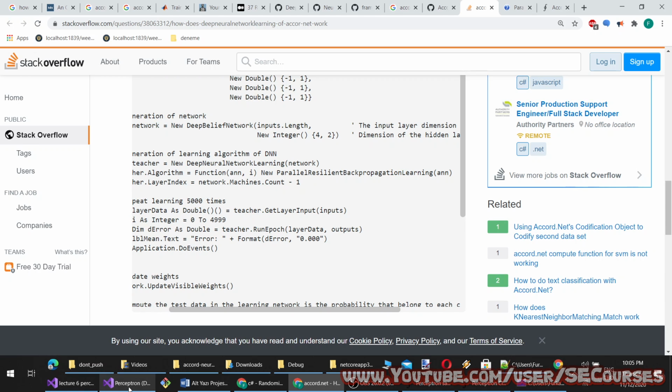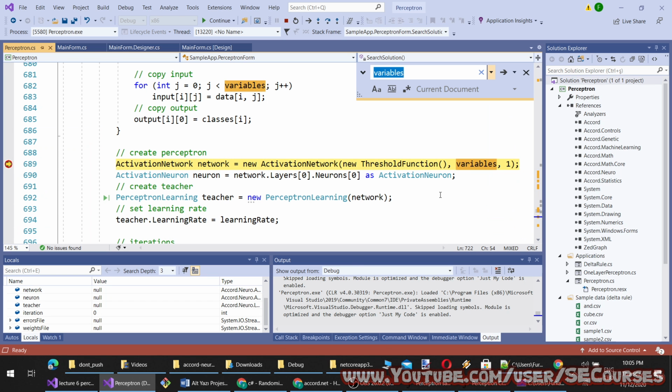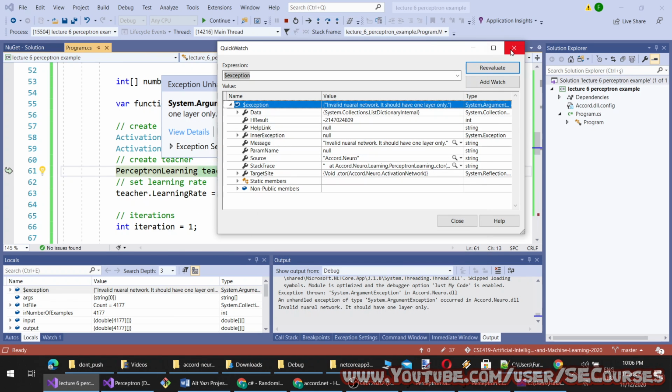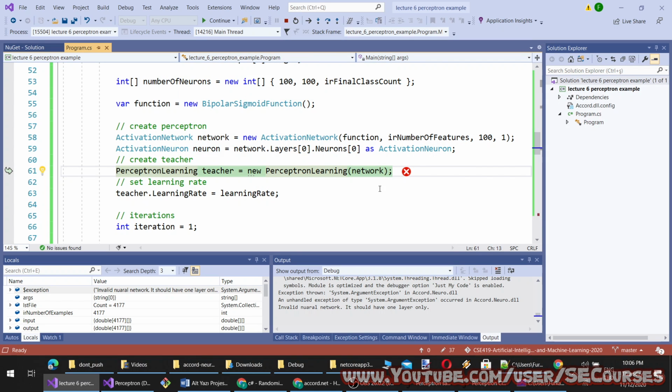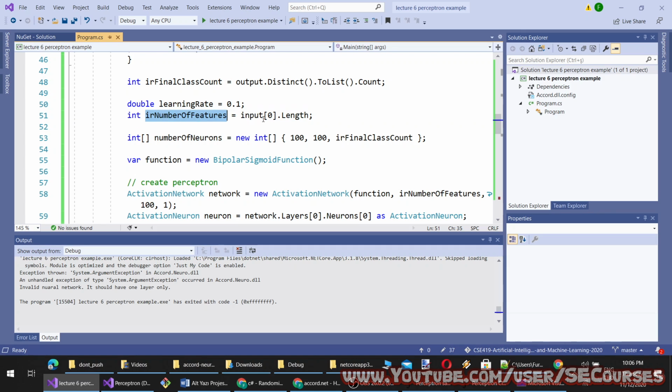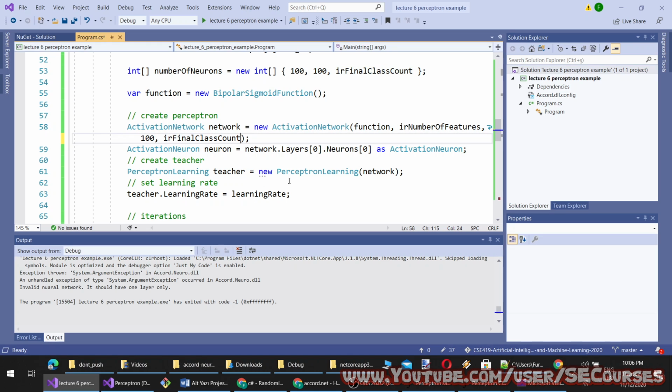Input length. This is interesting. Why is this not working?